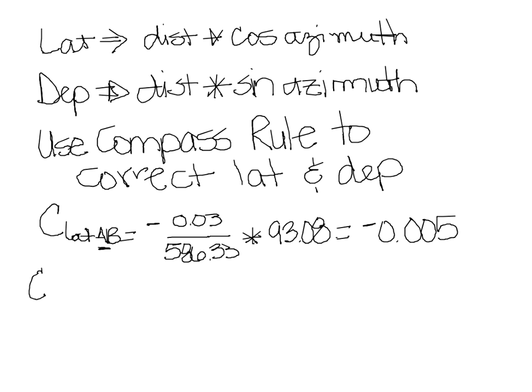You would then calculate the correction of the latitude of B to C in the same fashion. So 0.03 divided by 586.33, that never changes, times the distance of B to C, which is 205.91, gives you negative 0.01.